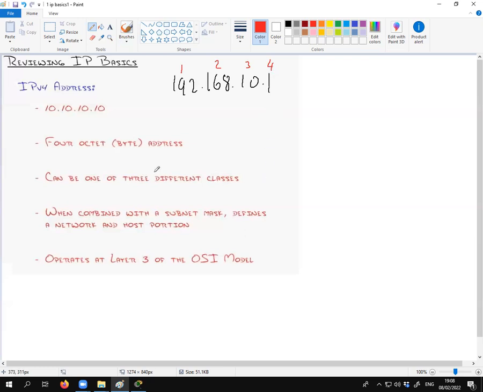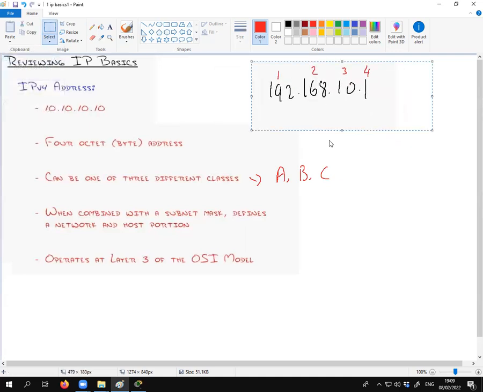An IP address can be put into one of 3 different classes: class A, class B, or class C. I'll talk about those 3 different classes in a minute. When you have an IP address, you will have a number that accompanies it, and that number is called a subnet mask.